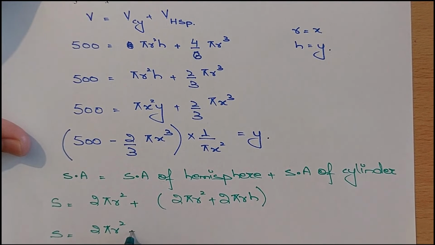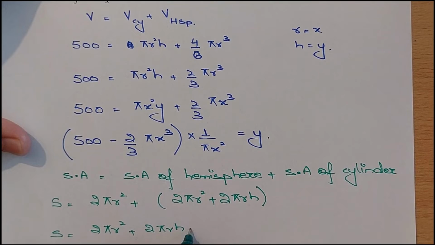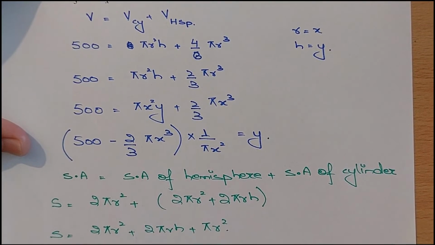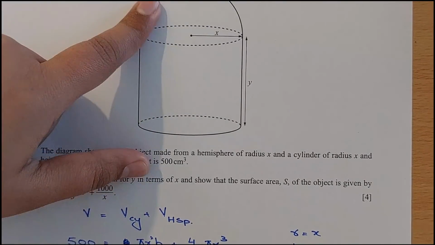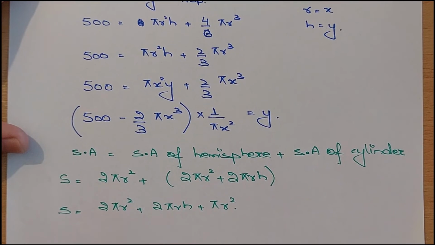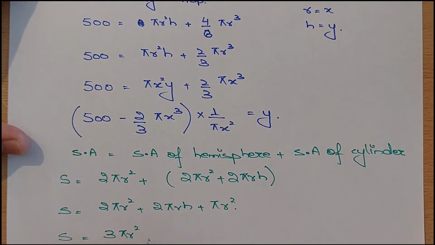Now for the cylinder, we are using 2 pi r h plus pi r square, because the upper circular portion of the cylinder is covered by the hemisphere. Now S is equal to 3 pi r square plus 2 pi r h.